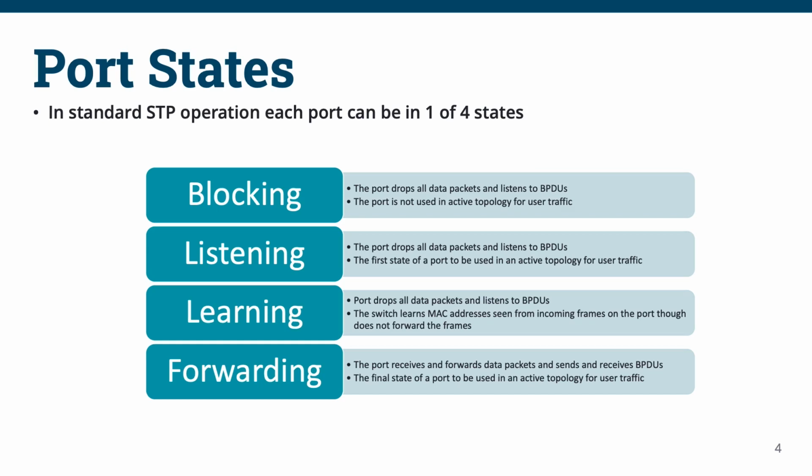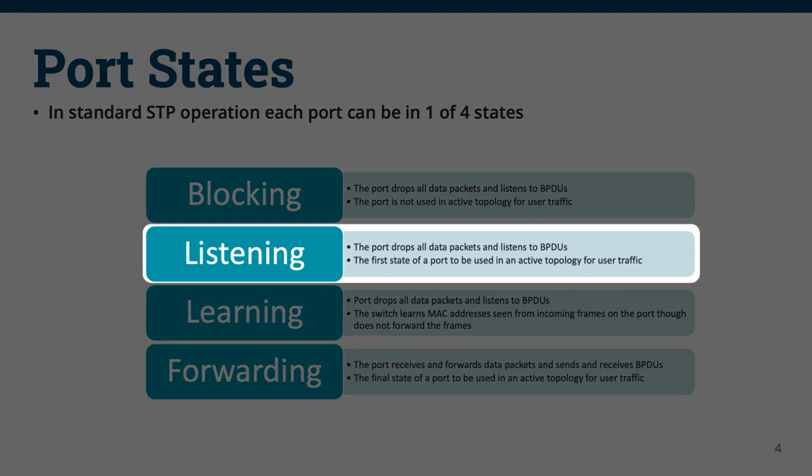When a port is in a blocking state, all user traffic is dropped because the port is not being used. When a port is transitioned from blocking to forwarding, it must follow this order of port states from top down. This means when a switch decides it needs to transition a port from blocking to forwarding, the port will first transition to the listening state.